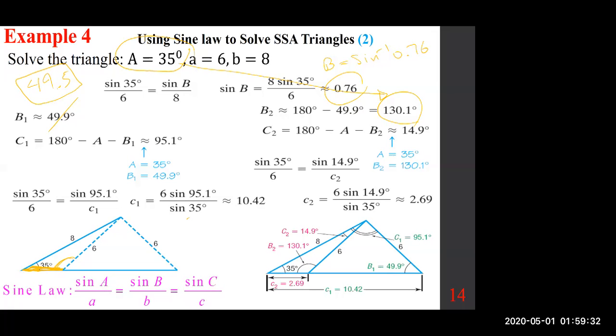There are two possibilities. We could have this one, if you will. Let's use a different color here, the green one. We could have this one, class, or this one in a different color, or we could have this one.